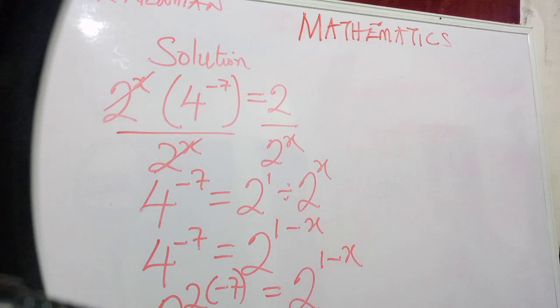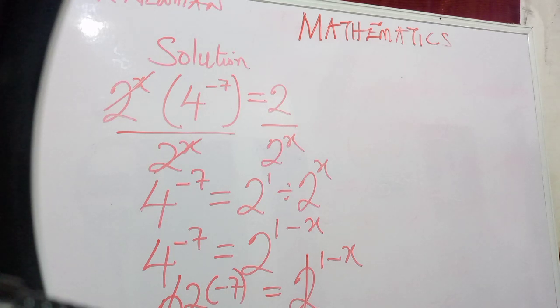You can see now that we have 2 as a common base in both sides of the equation, we can therefore cancel out the base. Cancelling out the base, we are left with 2 open brackets minus 7 equal to 1 minus x.